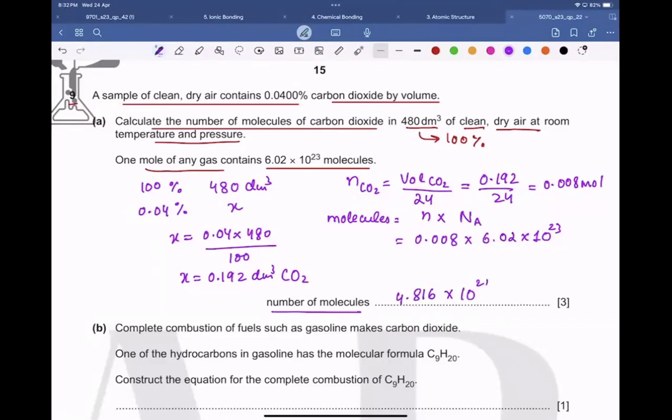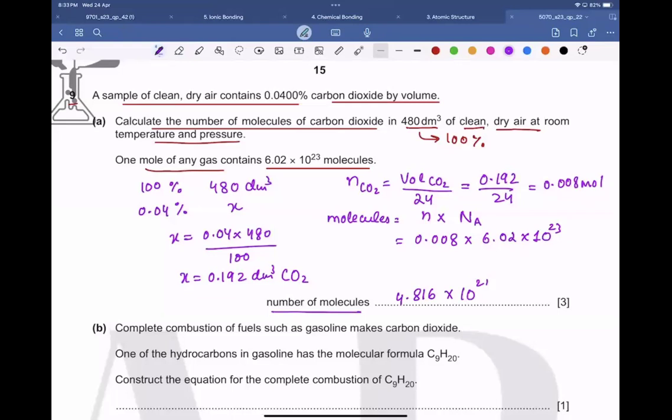You were saying that it's 7.96. 0.04 multiplied by 480 divided by 100 is 0.192, and divided by 24. Yeah, it's exponent positive 21.